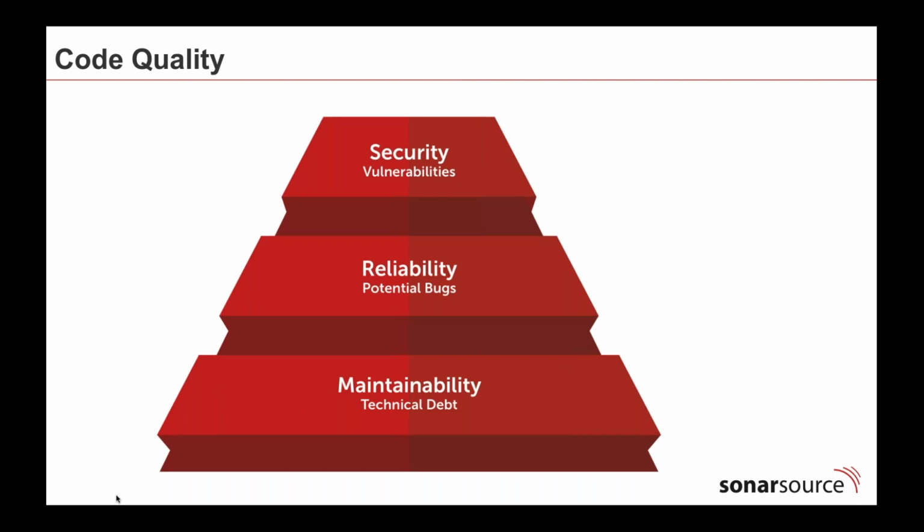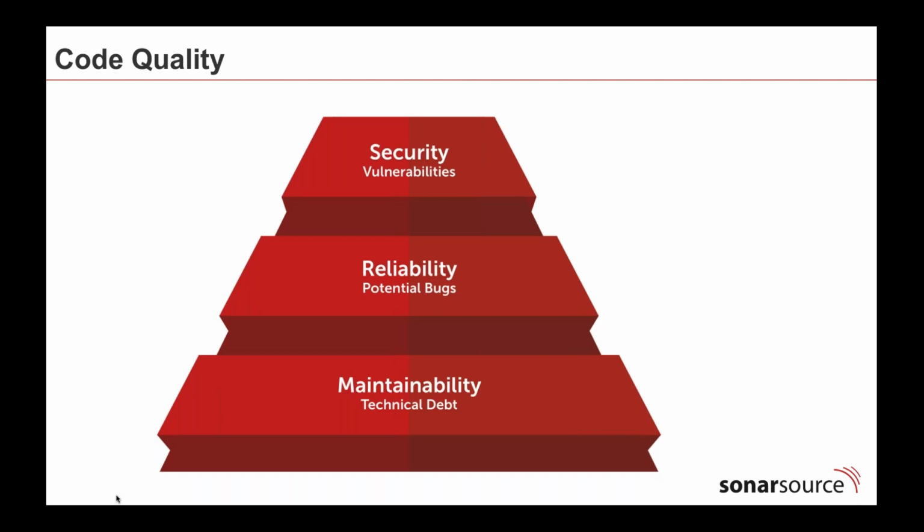The second aspect we look at is reliability, where we try to find potential bugs in applications. Potential bugs being behavior which is going to be different at runtime compared to what the developers thought it would be. So anything like unclosed resources, or conditions which are always true or always false, it probably smells, and there is probably a bug somewhere in the code.